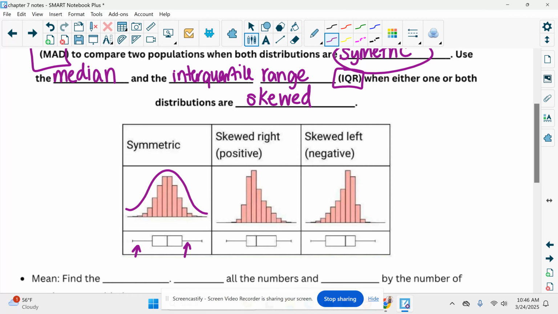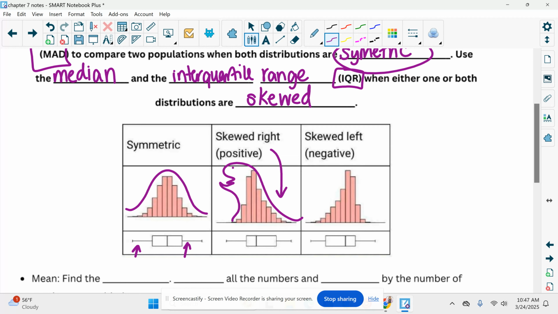But if you look at this, to me, there's the tail of the dinosaur, and then there's his arm. There's my dinosaur, rawr, my little T-Rex. The tail of the dinosaur is on the right side. So if there's a tail, it's skewed right.